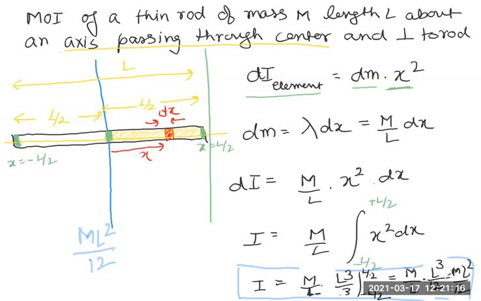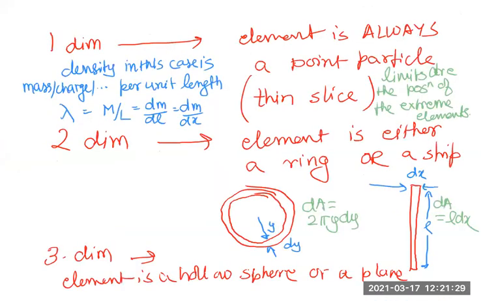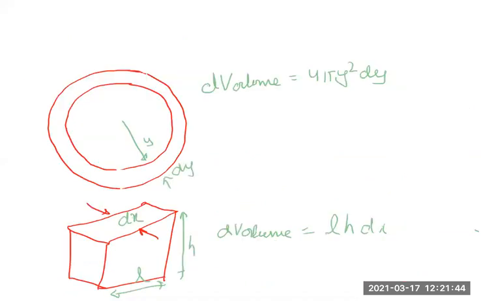Please take screenshots. Then we found, oh yes, this is very important, what happens in 1 dimension, 2 dimension, 3 dimension. Please take a screenshot. If you have not written already, please take a screenshot.